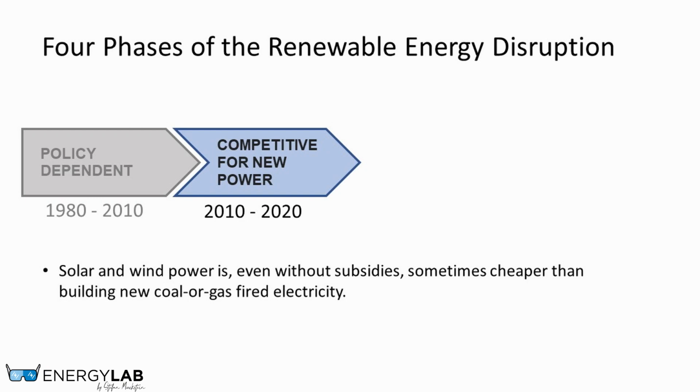So over this period of the first phase, renewable managed to reduce its cost by a factor of 10. And in 2015, finally, renewable, even without subsidies, was cheaper than new coal power or fossil fuel power plants.